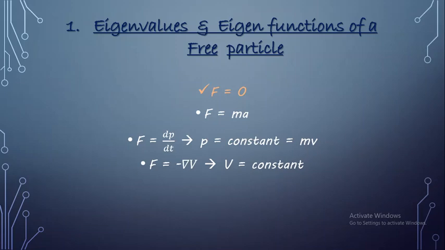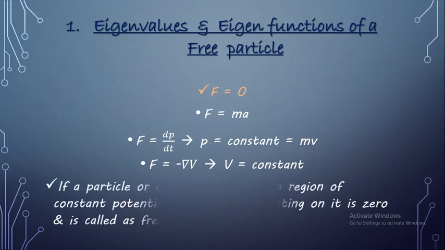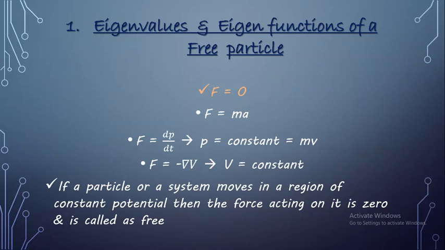By remembering all this mathematical outline, we can define a free particle. That is, if a particle or a system moves in a region of constant potential V, then the force F acting on it is 0. Then the particle or the system is said to be a free particle. So this is about a free particle.